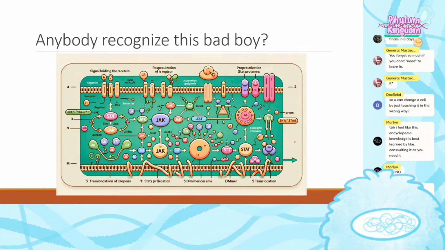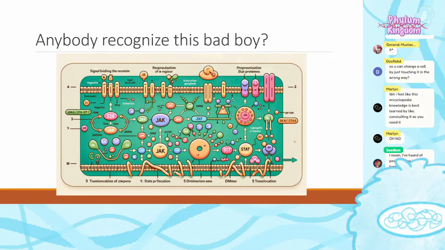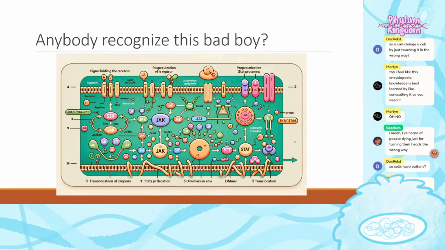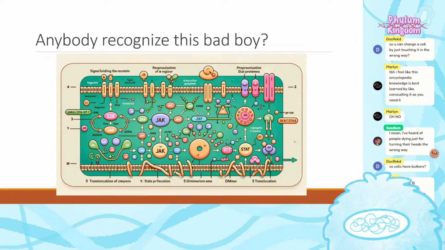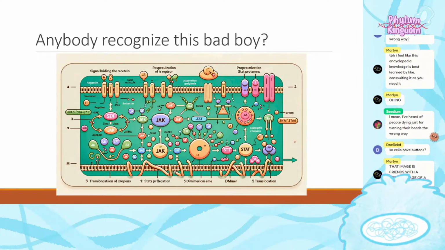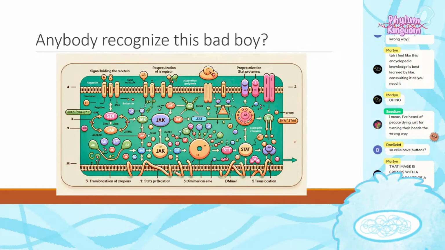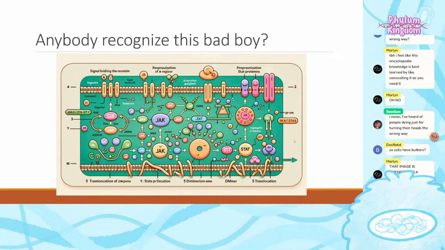Does anyone recognize what pathway this is? So cells have buttons. Again, this is an oversimplification, but maybe it's more correct to say they have keys on the outside, and when the correct key is put into the correct lock, things happen.